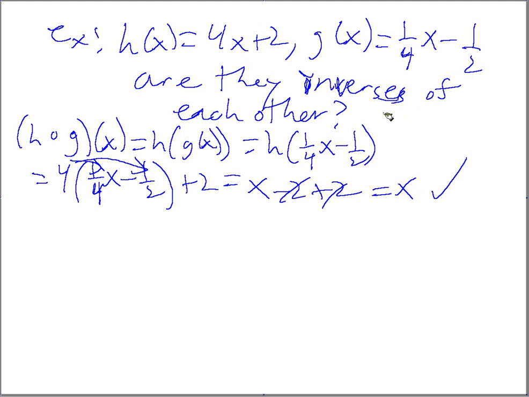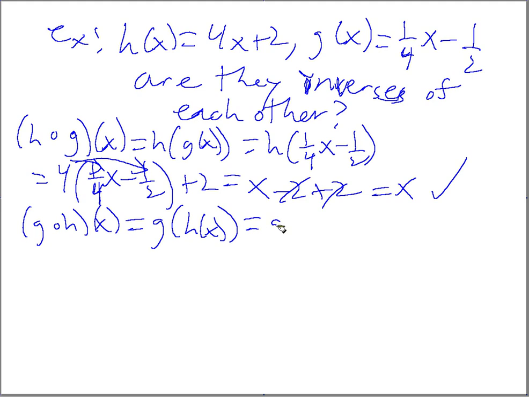Before we say yes to this answer, let's find g of h of x, the other composite. You're plugging the h function into the g function, plugging 4x plus 2 into the x on g.